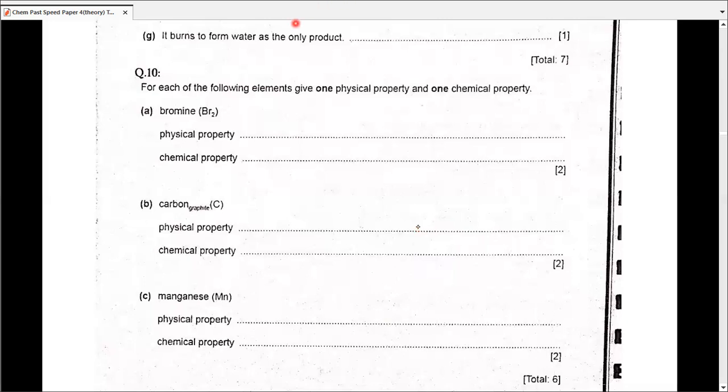Okay, I'm going to elaborate my hint. Can it do that? Yes. Then react. It reacts with oxygen to form carbon dioxide, or it burns in oxygen to form carbon dioxide. And that's a chemical reaction.